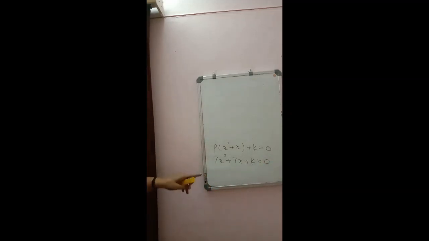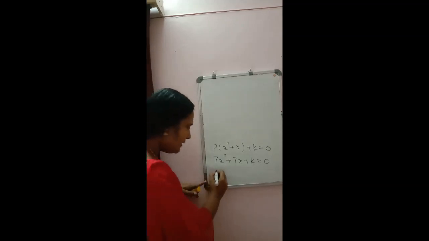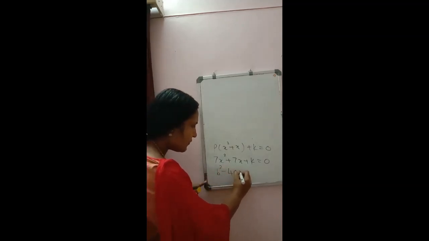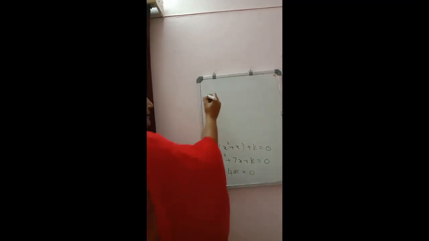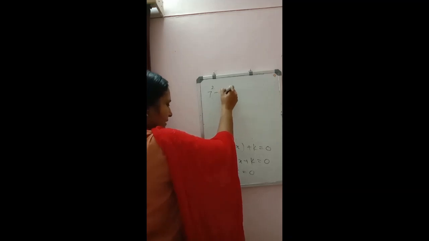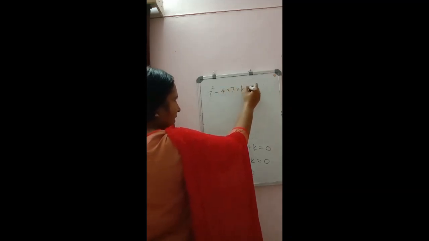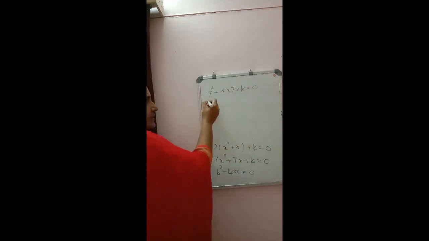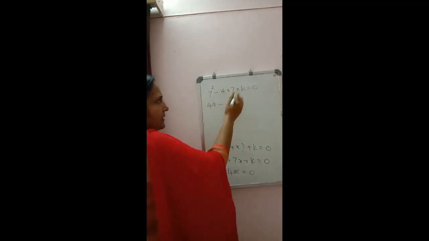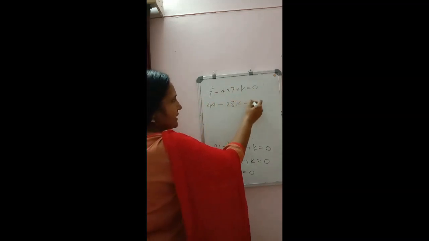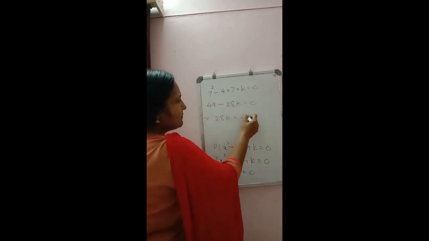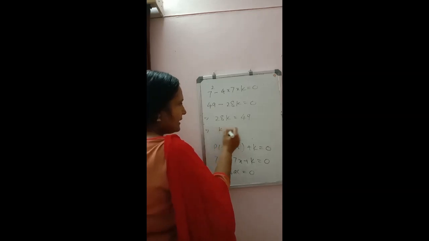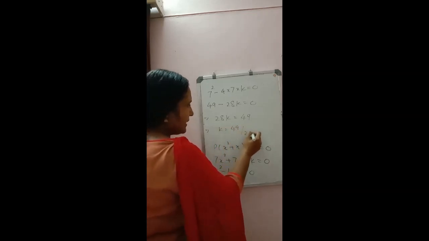Now the question is, this equation has equal roots. We know we have equal roots when b square minus 4ac is equal to 0. Now substitute the values, we will get 7 square minus 4 into 7 into k is equal to 0. 7 square is 49 minus 28k is equal to 0, or we will write 28k is equal to 49, k is equal to 49 by 28.